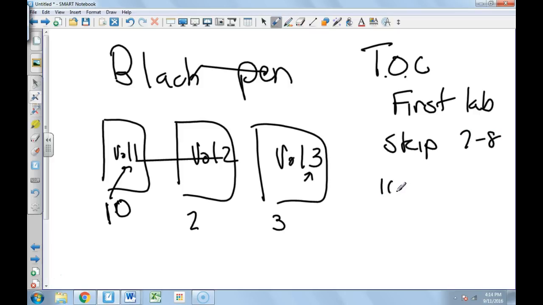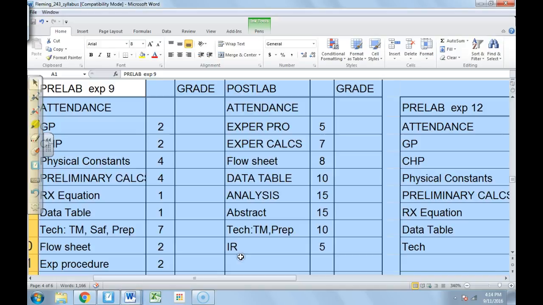So your table of contents is going to be on page 101, and the first lab entry is going to be on page 108 or maybe 109. That's so you have enough room to give a detailed table of contents for each lab that you put into that lab journal.